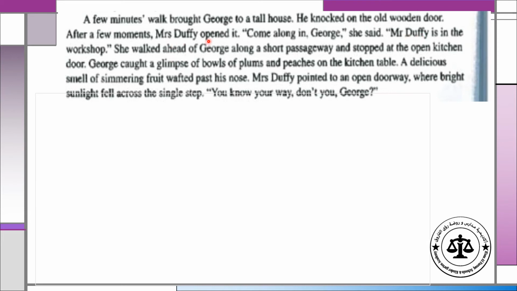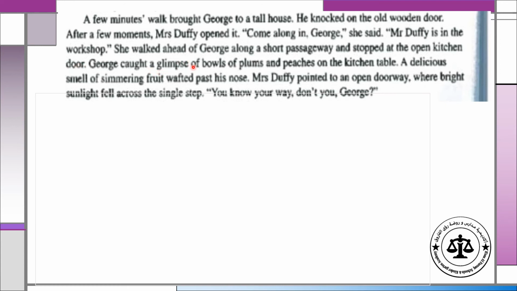Mrs. Duffy said to George that Mr. Duffy is in the workshop, بورشته. She walked ahead of George along a short passageway and stopped at the open kitchen door. إذن هي قادت Mrs. Duffy جورج لممر قصير and stopped at the open kitchen door, لباب المطبخ المفتوح.